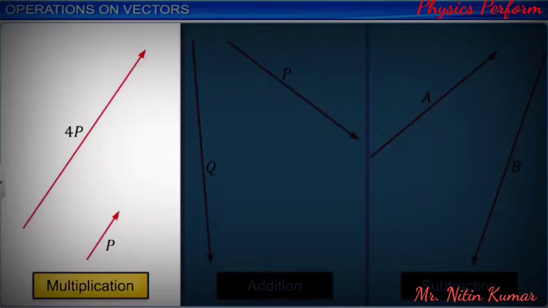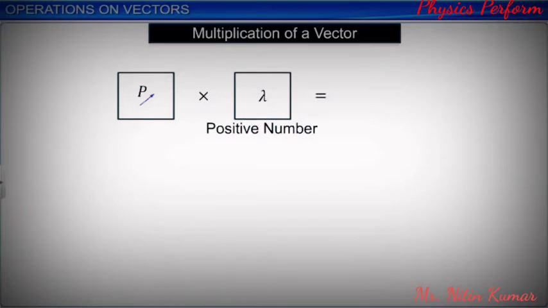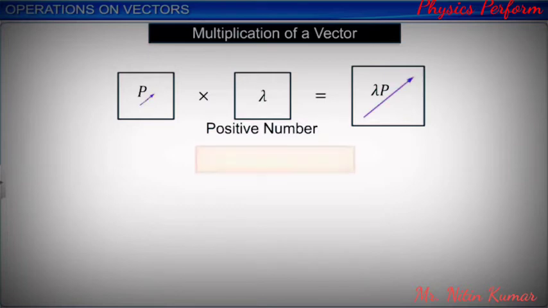When you multiply a vector p with a positive number lambda, you get a vector whose magnitude is changed by the factor lambda. The direction remains the same as that of p. Mathematically, it is expressed as mod of lambda p is equal to lambda into mod p.